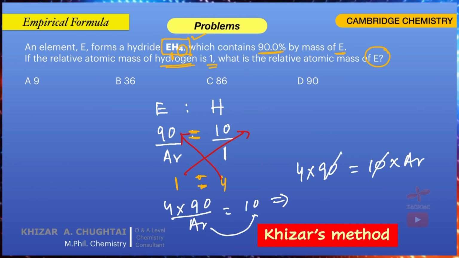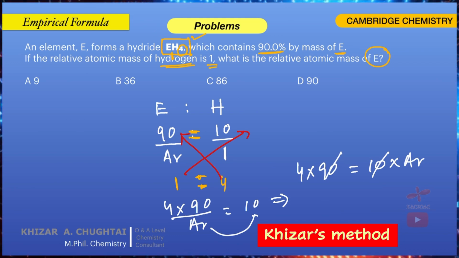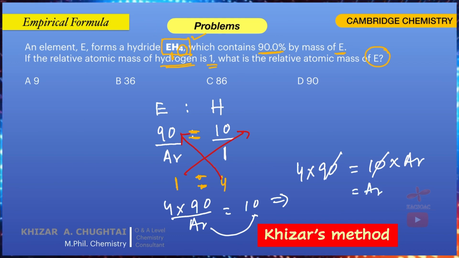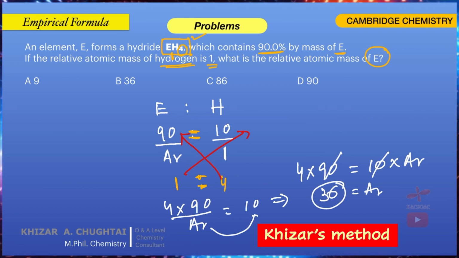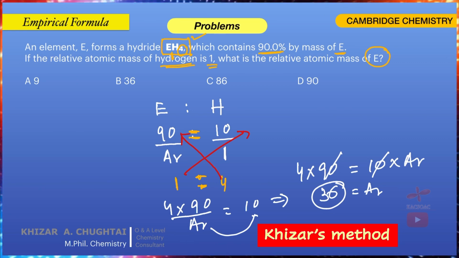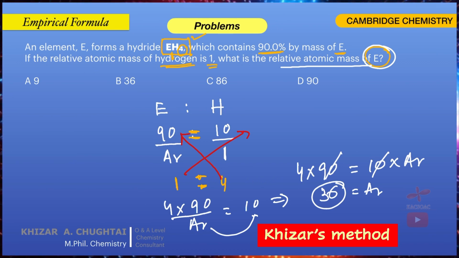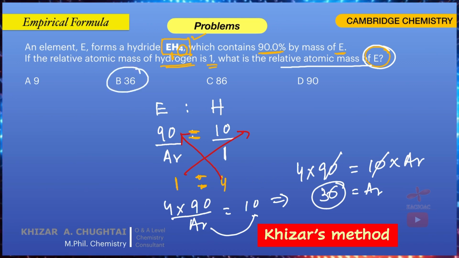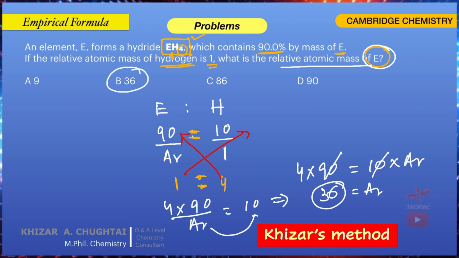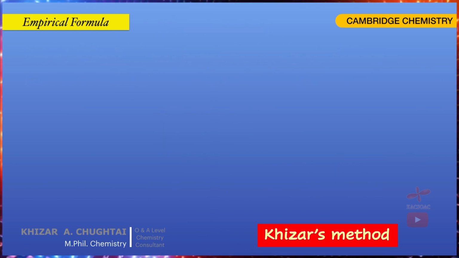There's the cancellation of zeros. So AR finally is equal to 36. So the relative atomic mass of E is 36, and B is the correct option.